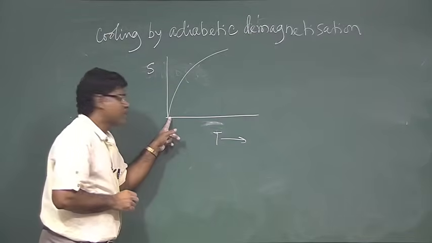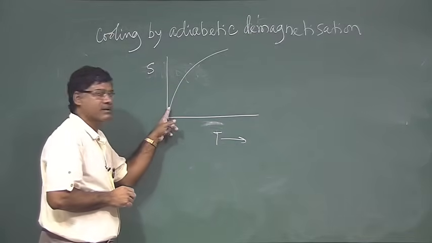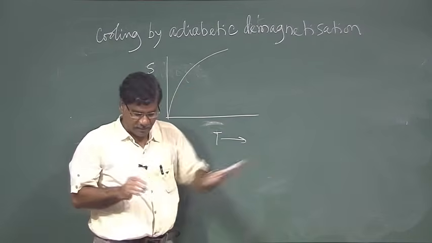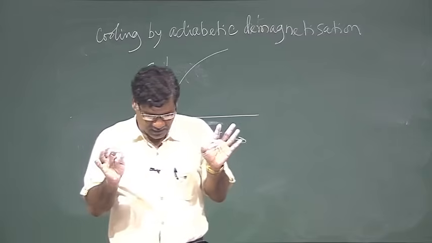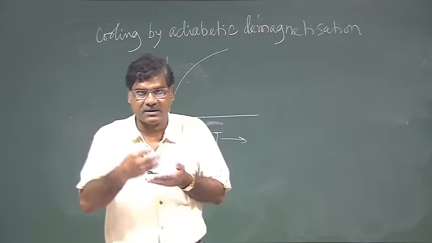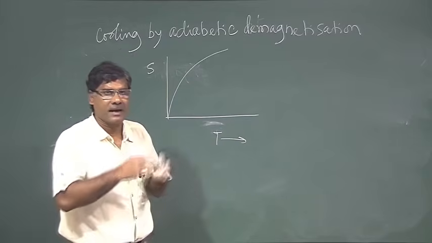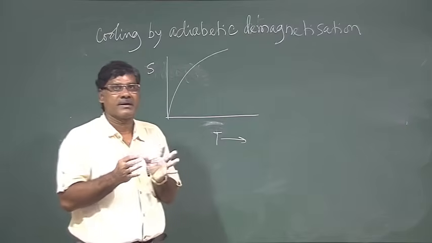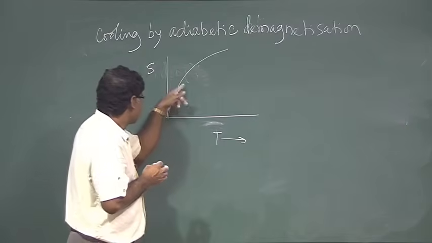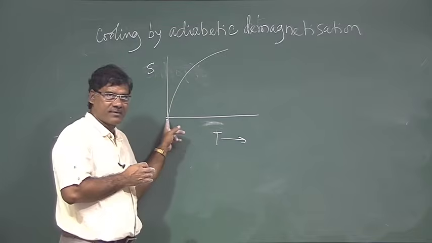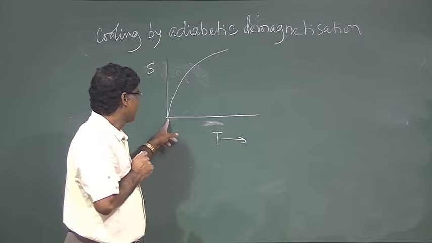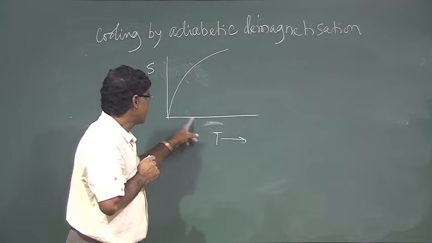So, at lower temperature, entropy is lower, right, without applying any magnetic field, just as a function of temperature, the dipole moments of the paramagnetic salt are oriented along a particular direction, okay. And now, I am increasing temperature.